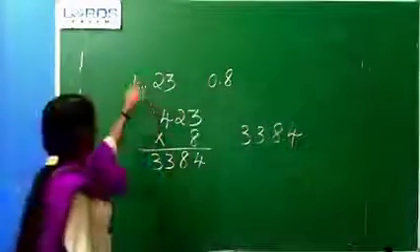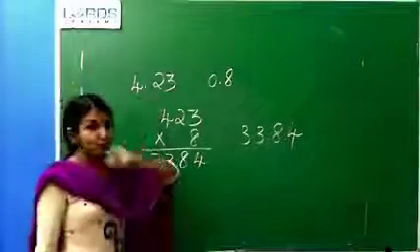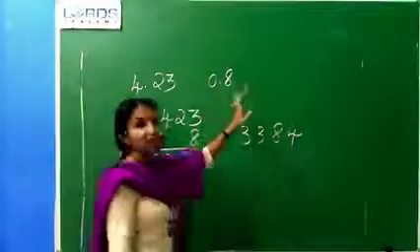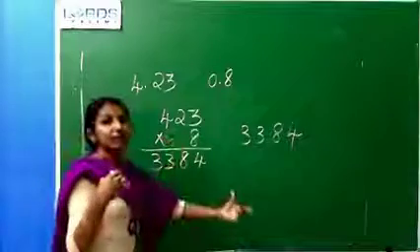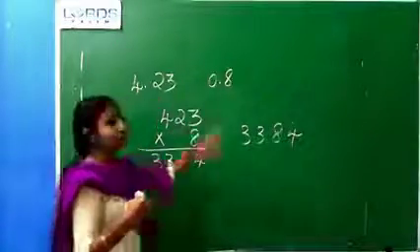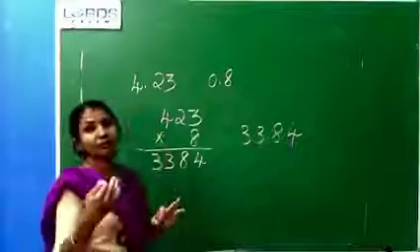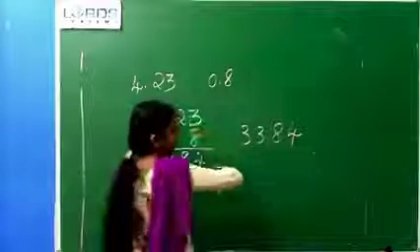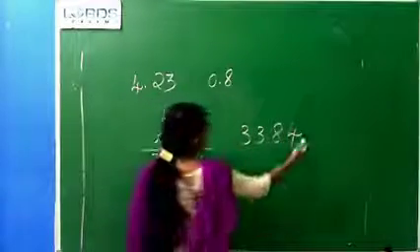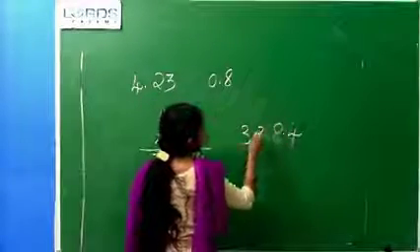Now, after the decimal, 2 places. Here after the decimal, 1 place. So, in the answer, there should be 2 plus 1, 3 places after the decimal. So, from right to left, we are counting 3 places. 1, 2, 3.